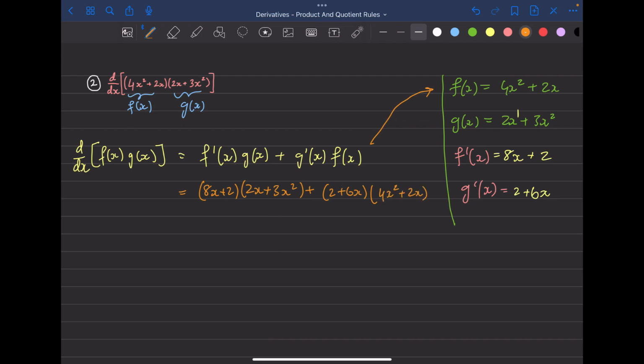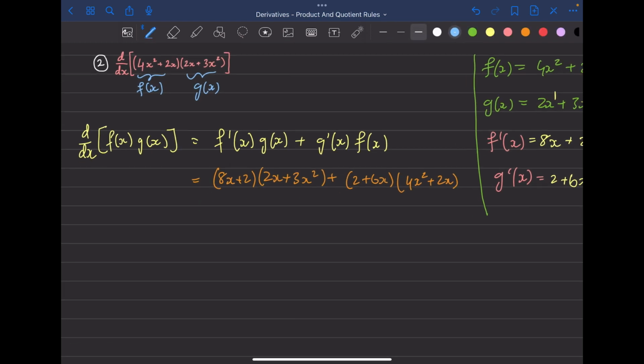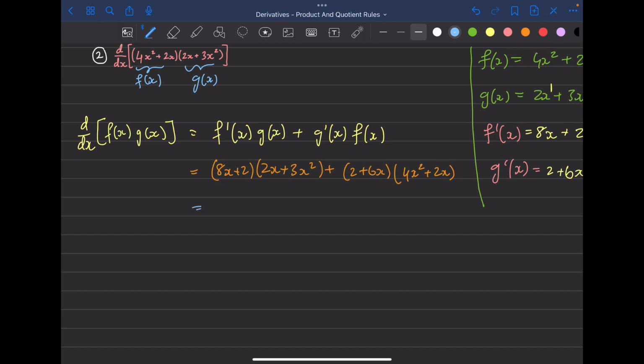You can already tell that in the first question, the one before this, the multiplication was kind of easy. This time it is a bit more difficult because all of them need actual work. They're not as easy as the other one. So first, 8x times 2x is 16x squared. 8x times 3x squared is plus 24x cubed.